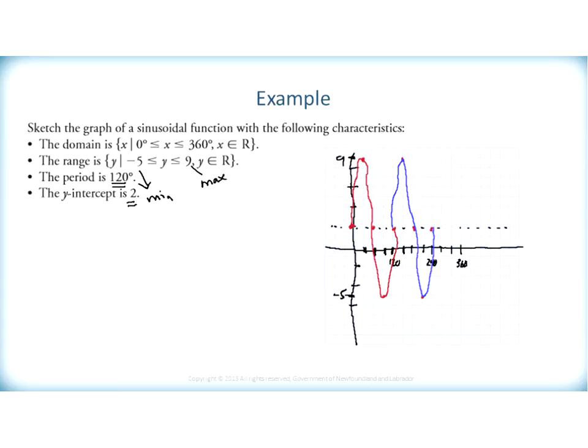And one more, we'll go up to our max, back to our midline, down to our minimum, and I'll change colors one last time. We have a sinusoidal function here.